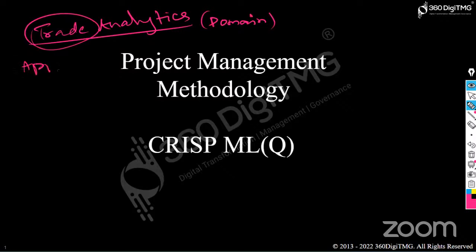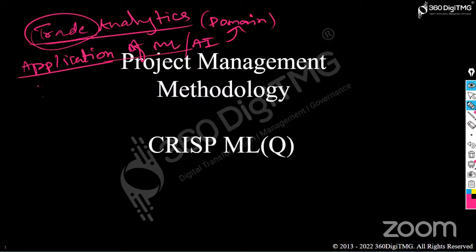And we understood what the different applications of machine learning and AI are with respect to this domain, that is trade analytics. And what are the different challenges that we have with respect to machine learning or AI, with respect to trade analytics.